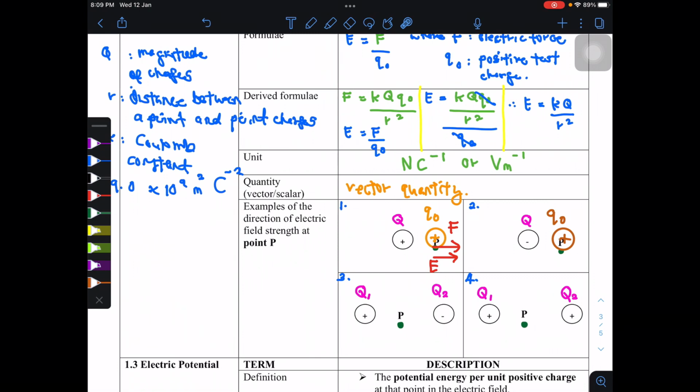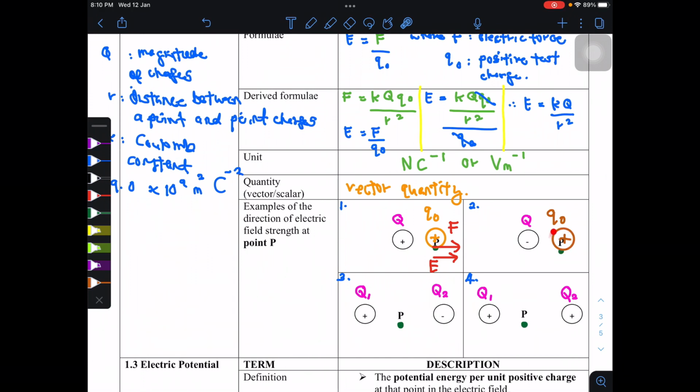Since the signs of these two charges are opposite, on the test charge itself, which is located at point P, there is an attractive force exerted.